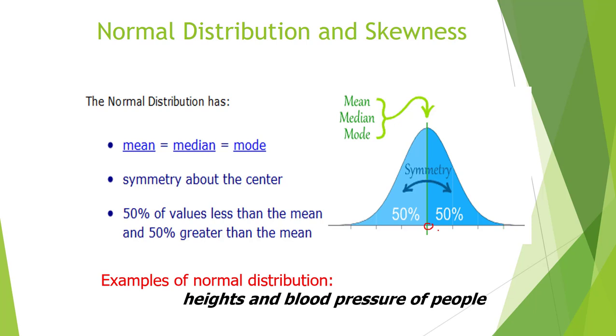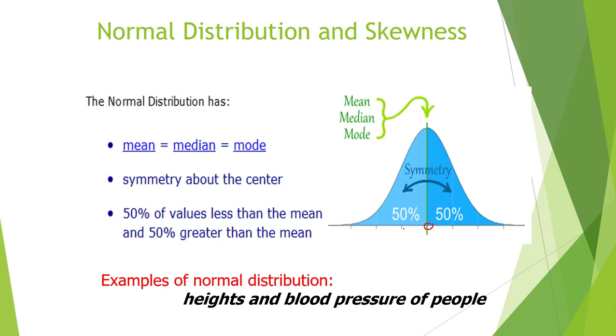Otherwise, if it's not the case, you would probably find that most people are 6 feet or 6'2" tall. But that's not the case. Most people are found with the average height in the middle. As height increases towards the higher end, we have fewer and fewer people.